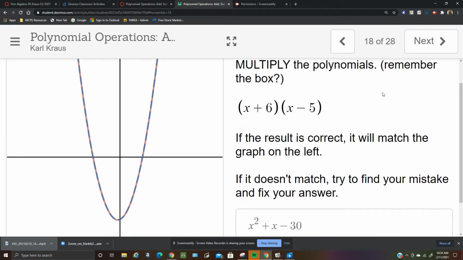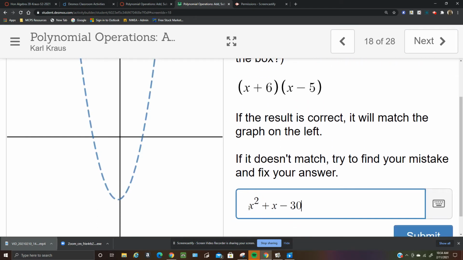And multiplying this out here. So x times x is x squared. X times negative 5 is minus 5x. 6 times x is plus 6x.